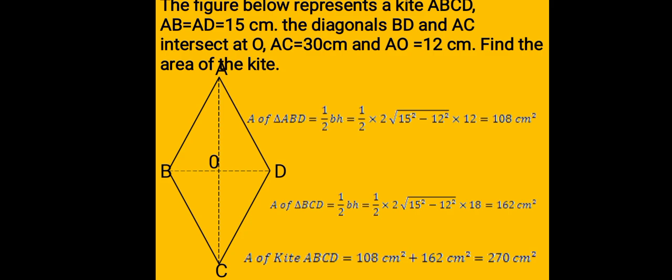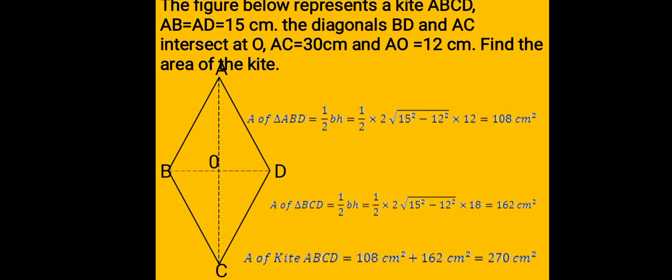Now, the area of the kite, we can find it by finding the area of triangle ABD and also finding the area of triangle BCD and then adding them together. So the area of triangle ABD is equal to a half base times height.